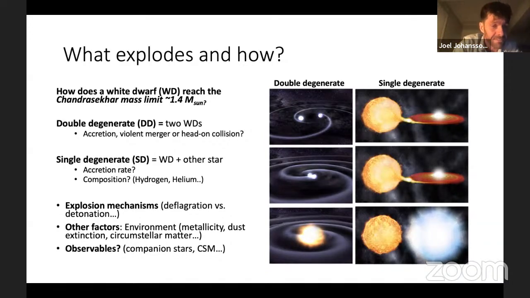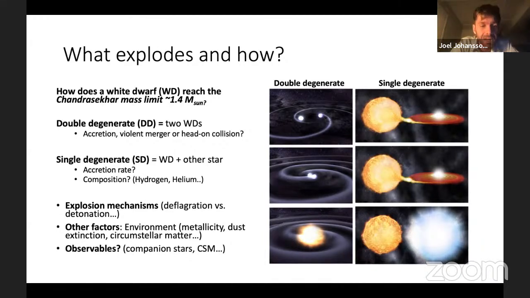And then among these scenarios, there are a lot of question marks. What triggers the explosion? Is it a fast detonation like a bomb, or is it a more slow-burning deflagration that takes place on the surface of the star?